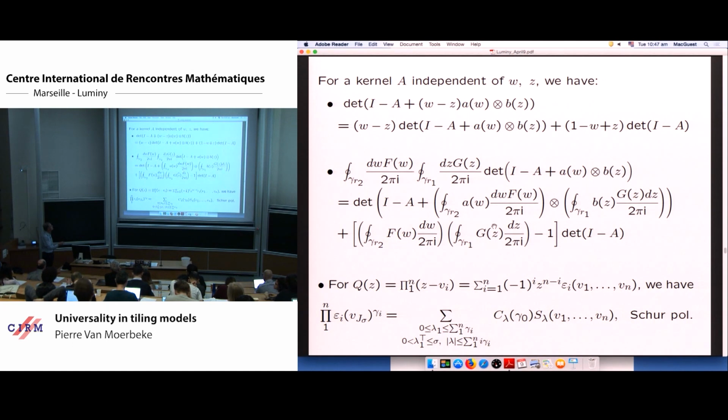You integrate those two things. Then, in fact, you can pull it through. You can integrate with regard to f and the b with regard to g, but you pay a price for that. And the price that you pay is that you have to add this thing, but it's not so bad. It's quite pleasant. Things like that. You also use stuff on Schur polynomials, expansions of symmetric functions in terms of Schur polynomials, etc., etc.